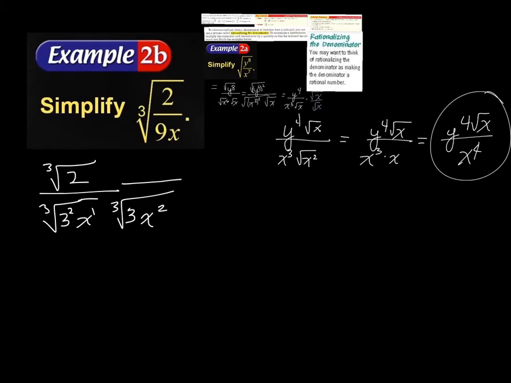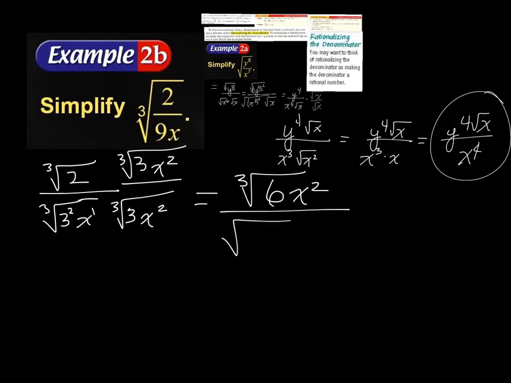And of course, whatever I do to the denominator, I have to do to the numerator to keep it equivalent. So now we're going to have the cube root of 2 times 3 is 6, x squared over the cube root of 3 cubed, x cubed, which is what we're trying to get there.